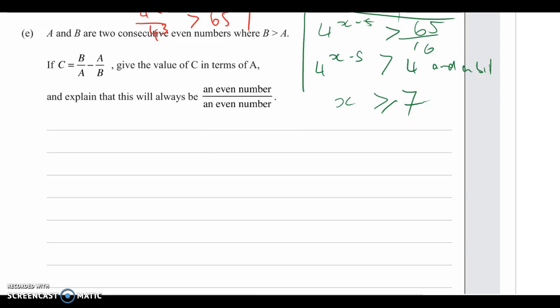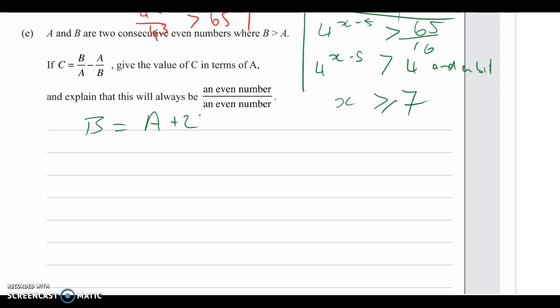So if A is an even number, and B is greater than A, B would equal A plus 2. I hope you're happy with that.